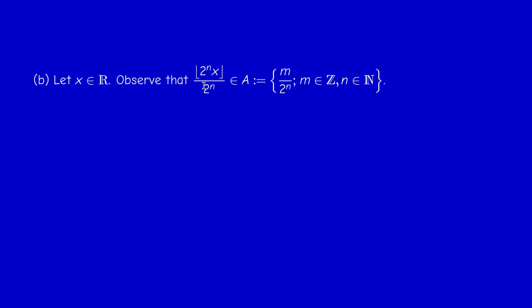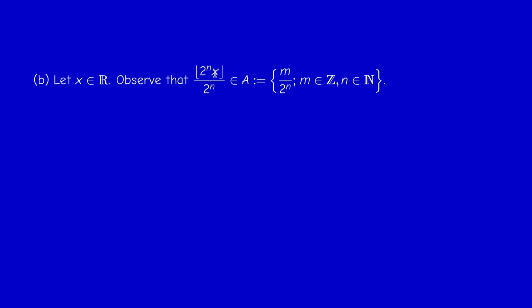Okay, same idea. We take an element x in R and we find a sequence in the set A. I call this subset of the rational numbers A. I want to find a sequence of A converging to x. It's very easy because this follows from the previous question. The sequence floor function of 2^n x over 2^n belongs to A. Why?